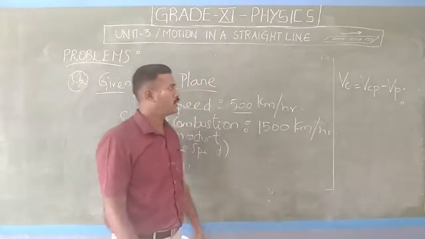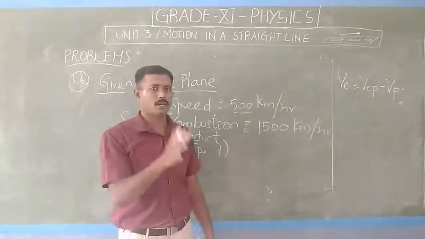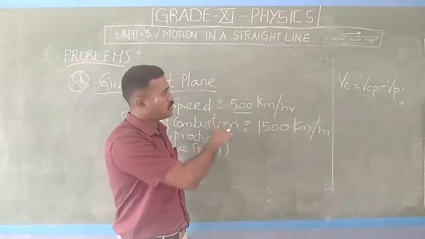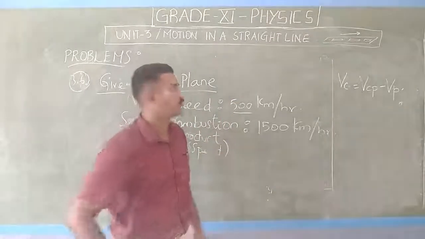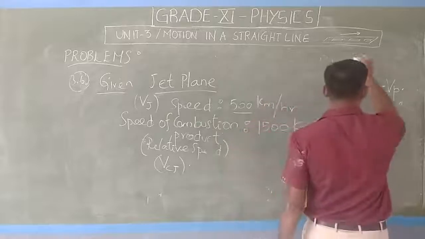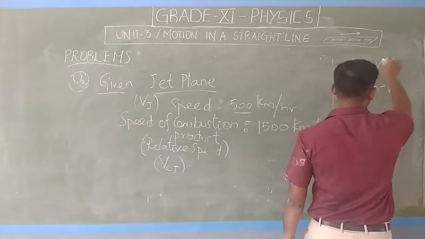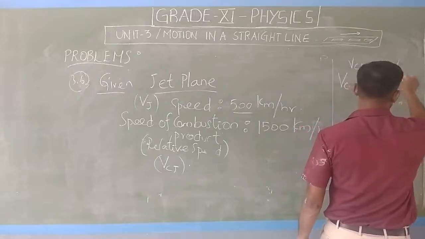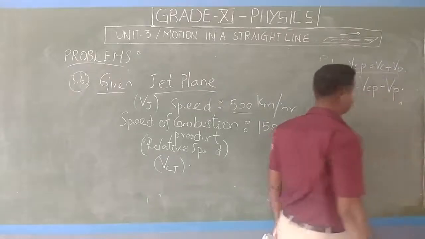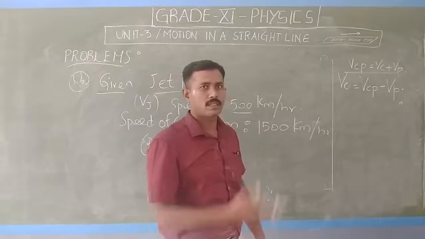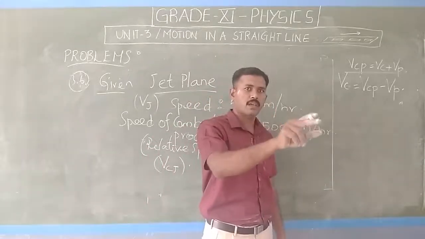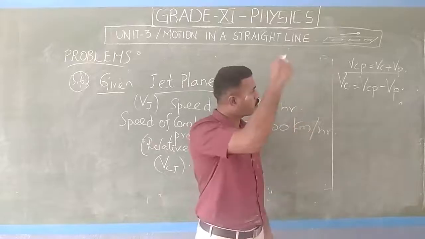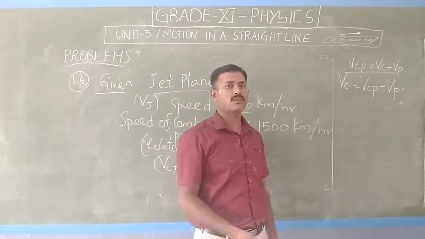Because the combustion is itself in the jet plane, Vcp is Vc plus Vp. Since the combustion and jet plane are on the same line, we have to add the relative velocity of the combustion and jet plane.